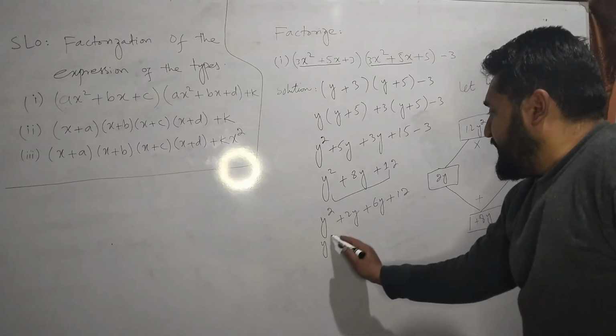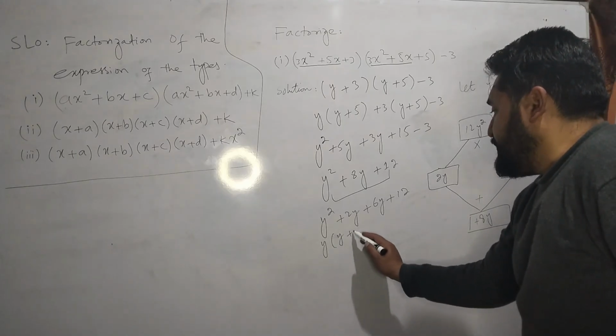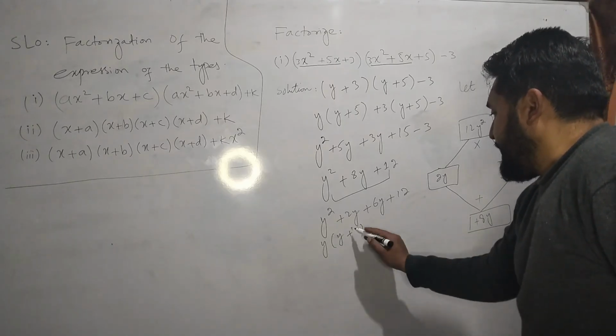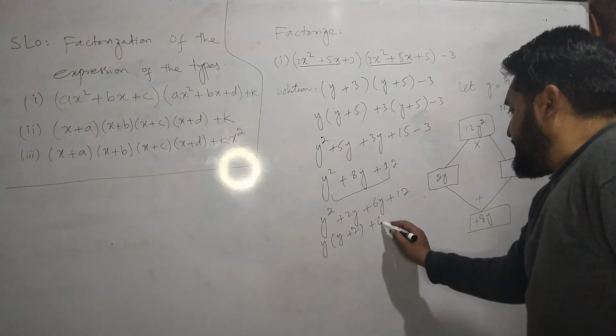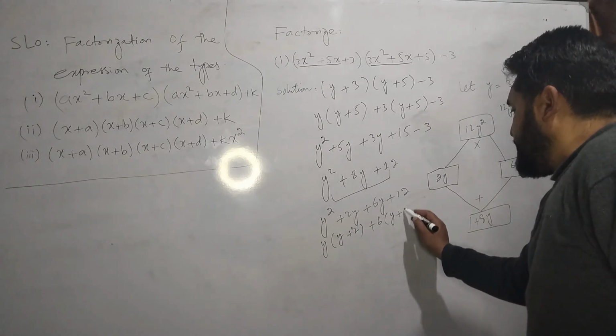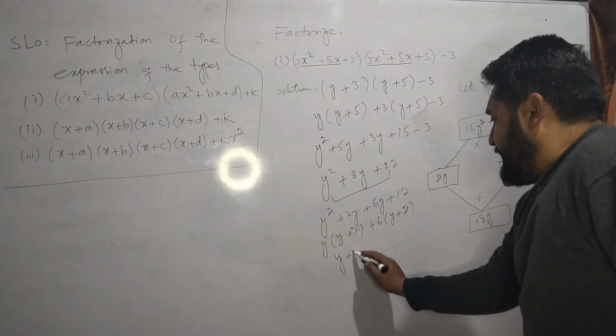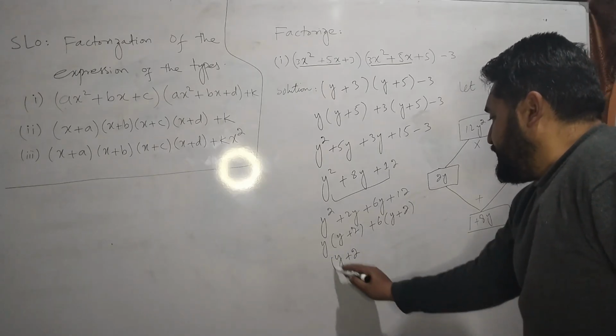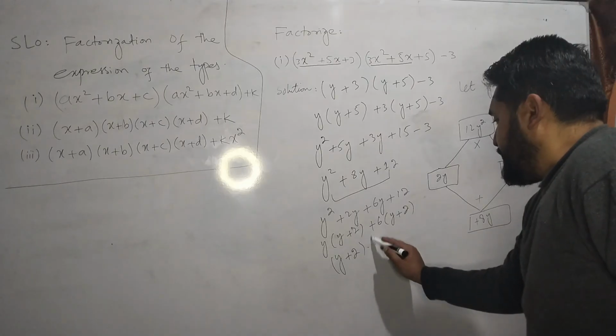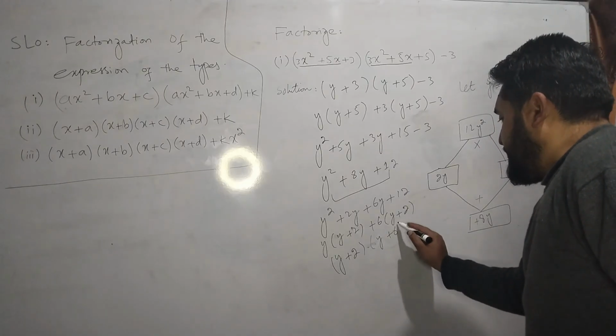Just take common y from the first two: y plus 2, plus 6 common: y plus 2. Again simplify, take common y plus 2 into y plus 6.